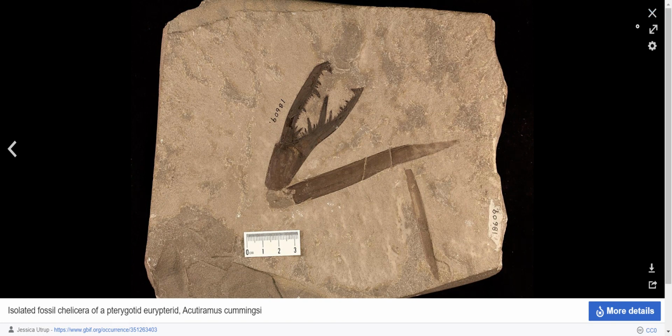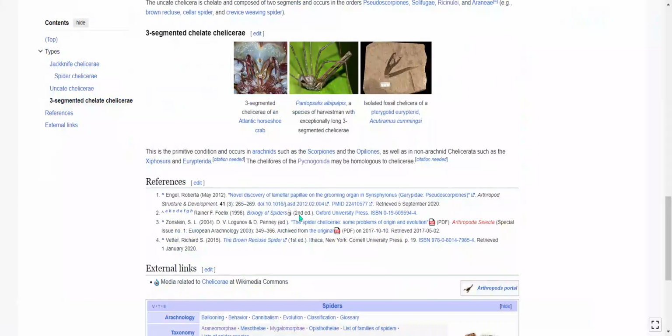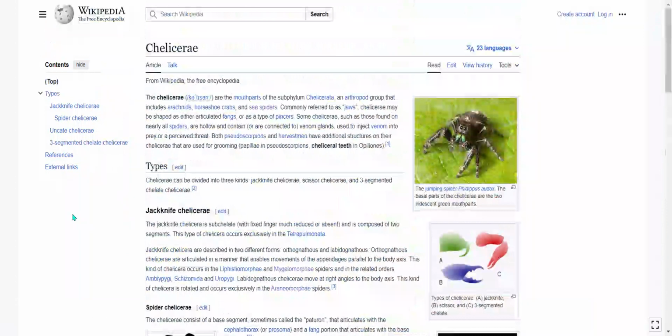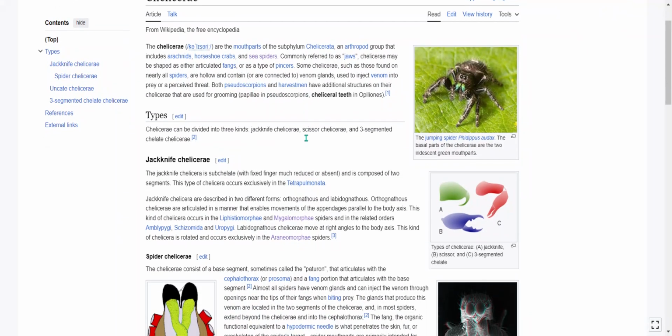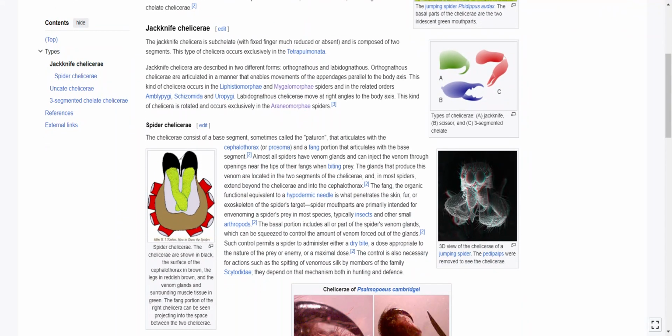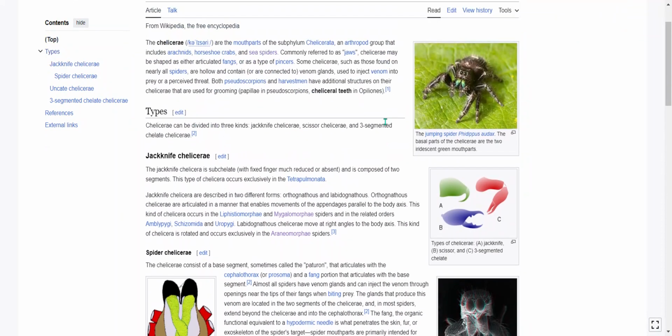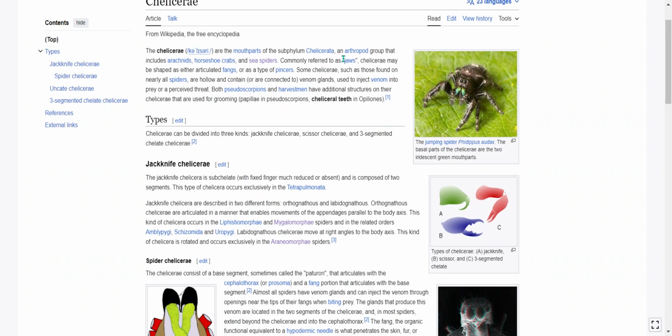So this was a pretty hard article to get through, mainly on account of these weird names. But I guess to just summarize really, you can get the gist of this without really reading the whole article. The gist is chelicerae are the jaws, the fangs of spiders.